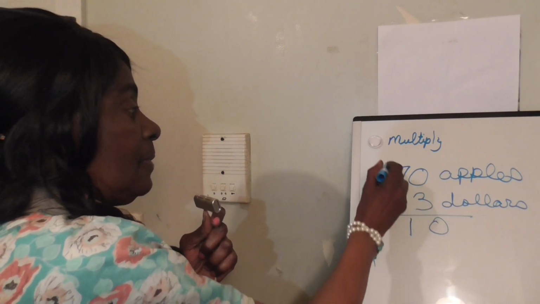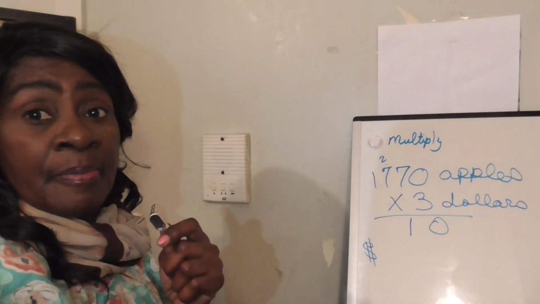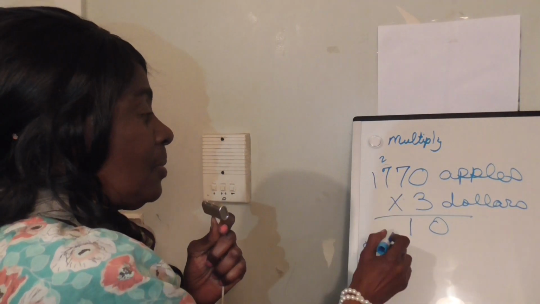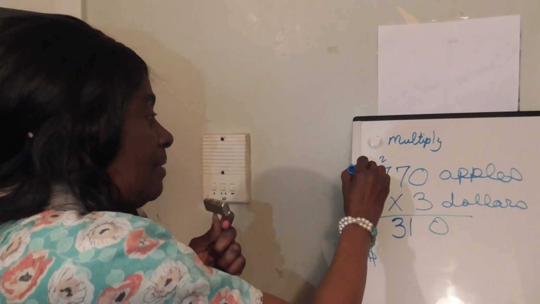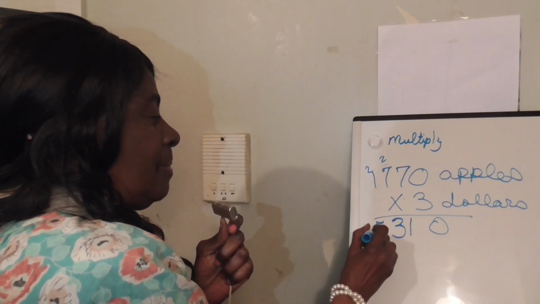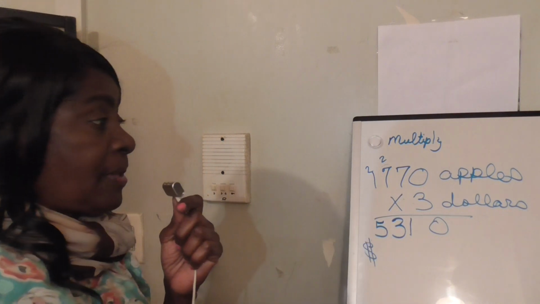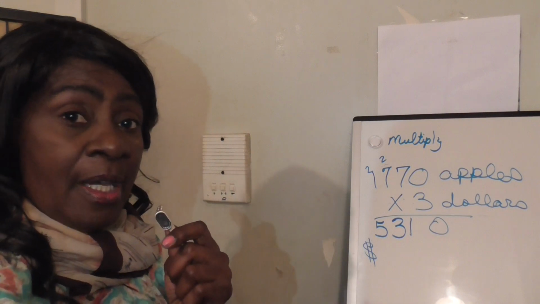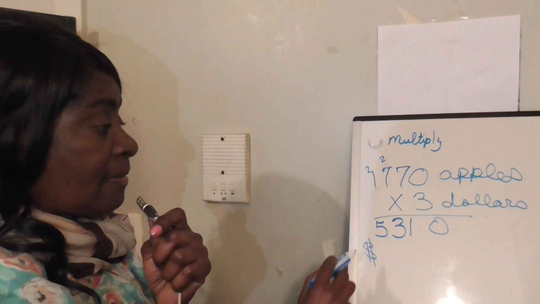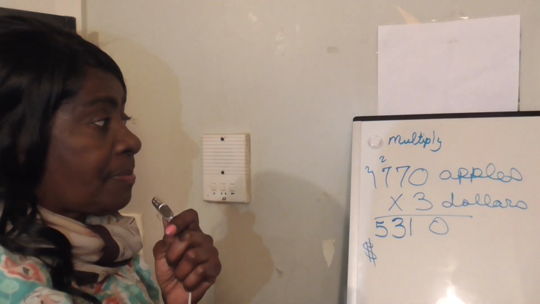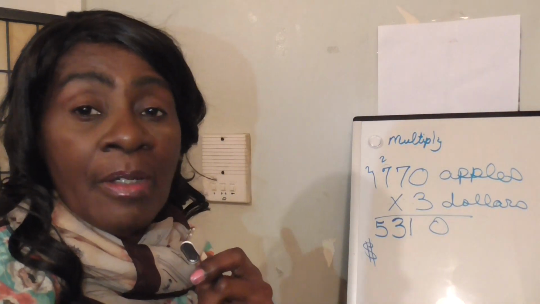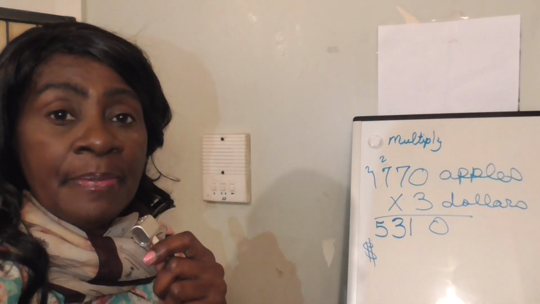I'm going to carry the 2. 3 times 7 is 21, plus the 2 is 23. Carry the 2. 3 times 1 is 3, plus 2 is 5. If we sold each apple for $3, what we will make is $5,310.